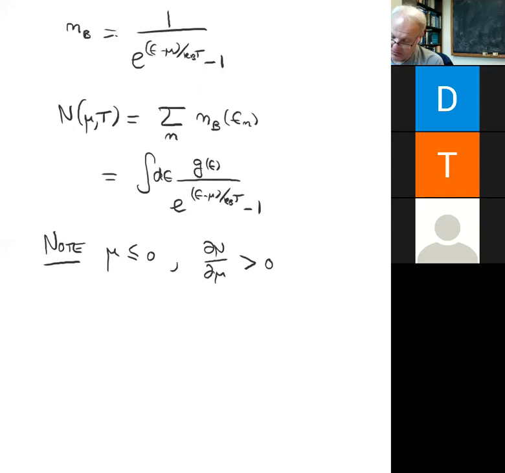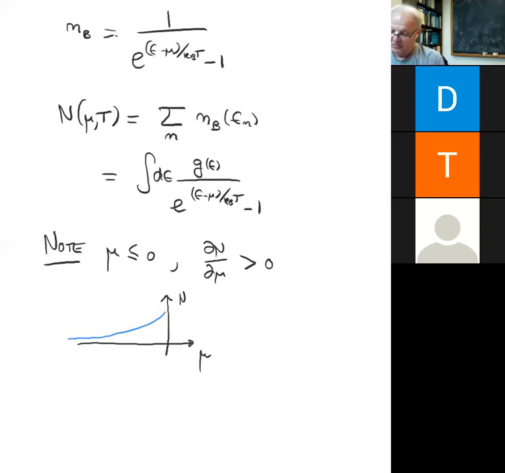So if I were to somehow plot this, so I plot the number of particles as a function of the chemical potential, what I get is something that looks something like this. Okay, so some kind of function that increases with mu.